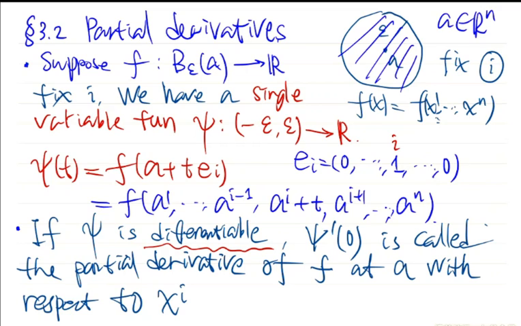F has independent variables, the first one, the second one, the ith one, the nth one. So this is the partial derivative with respect to the ith coordinate of the independent variables.